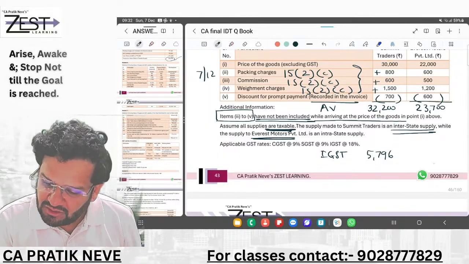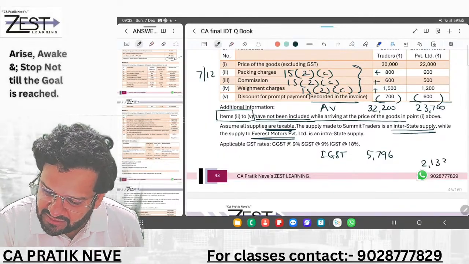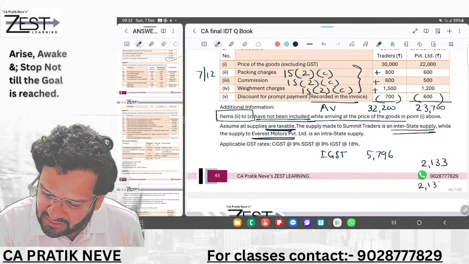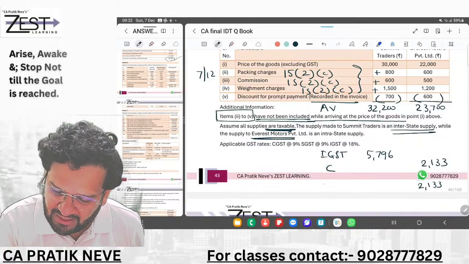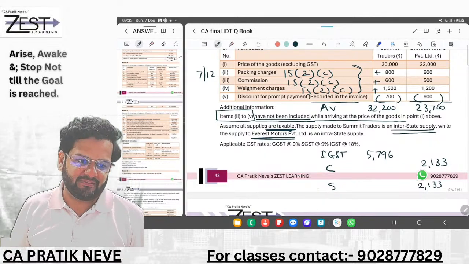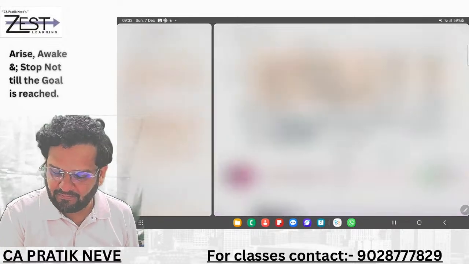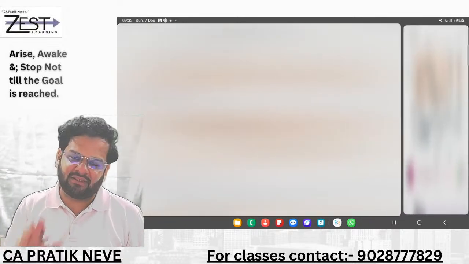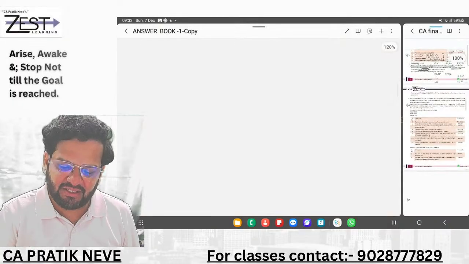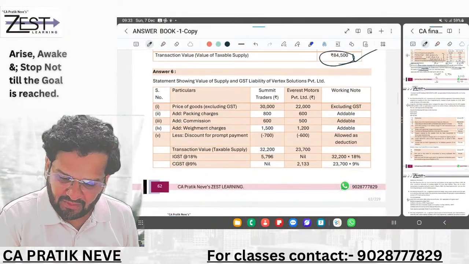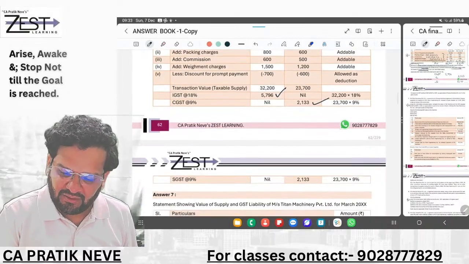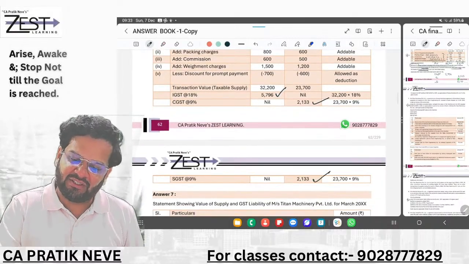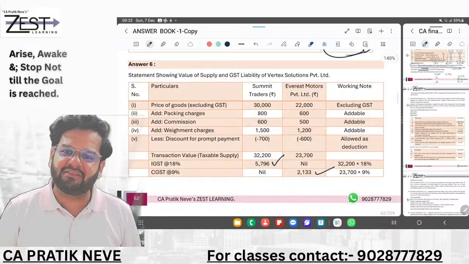Isn't it? 2133, 2133 CGST and SGST. So 5796 is IGST. 2133 is CGST and SGST. Making sense?